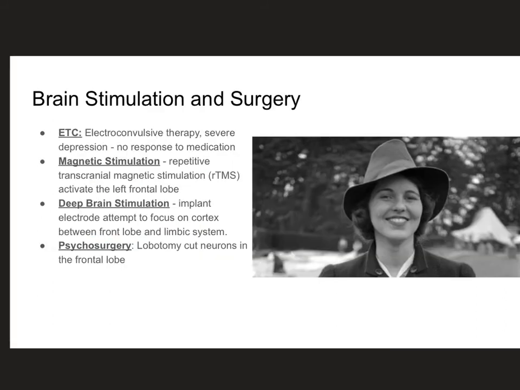Okay, so here we have Rosemary Kennedy. She did have a lobotomy, which you're going to see right down there. A lobotomy is when the neurons are cut in your frontal lobe.